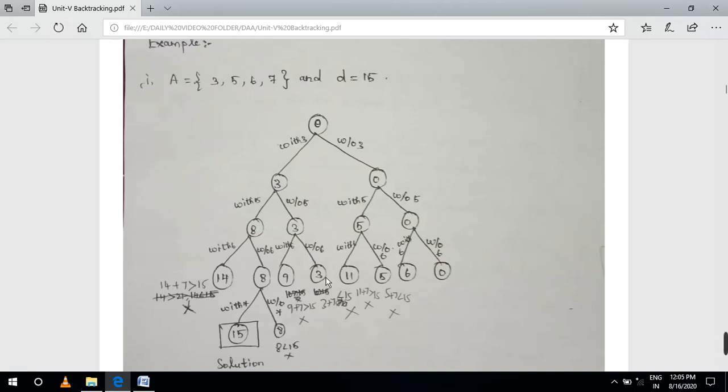Without 6, it is 3 only. Then 6 plus 5 is 11, and without 6 it is 5. With 6 it is 6, and without 6 it is 0 only.